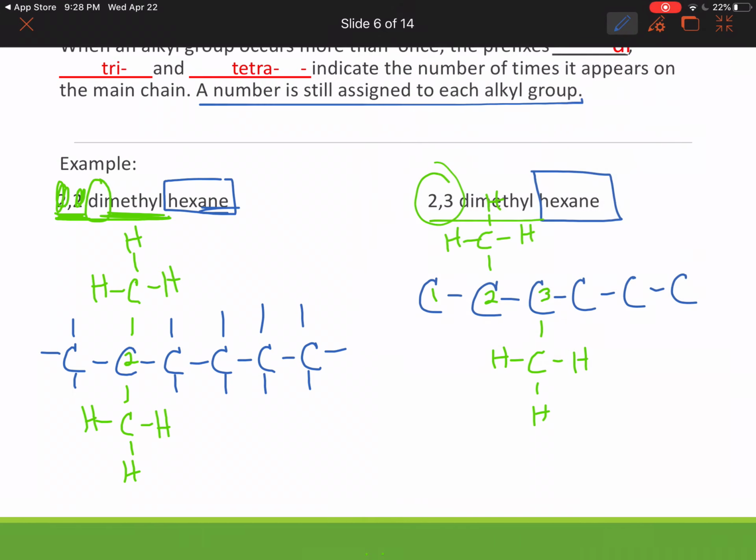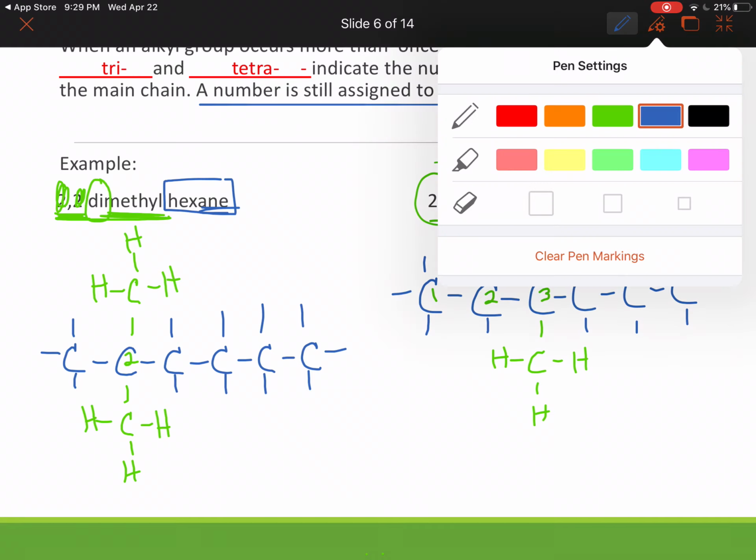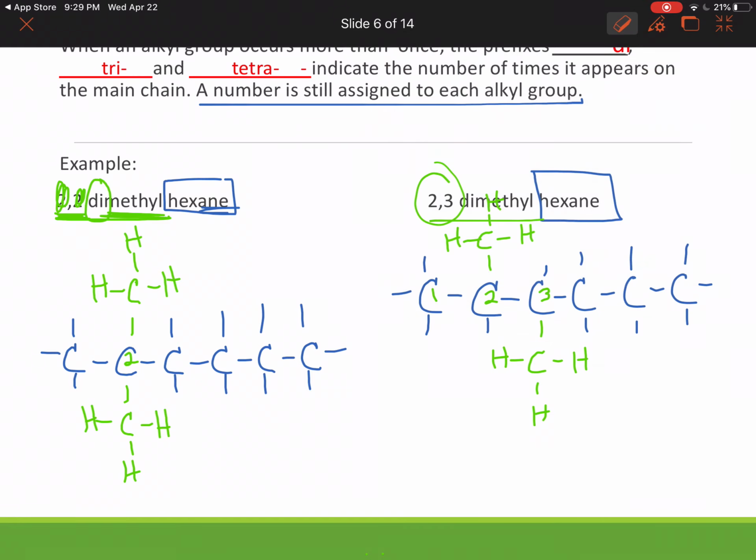We now need to finish off all our hydrogens. 1, 2, 3 here. This has 1, 2, 3, so it needs 1. This next one, carbon 3, has 1, 2, 3, so it needs 1. Okay, I don't need to put it in. This needs 1, 2. This needs 1, 2, and this needs 1, 2, 3. Okay, I want to get rid of that just so that it doesn't look so crazy.